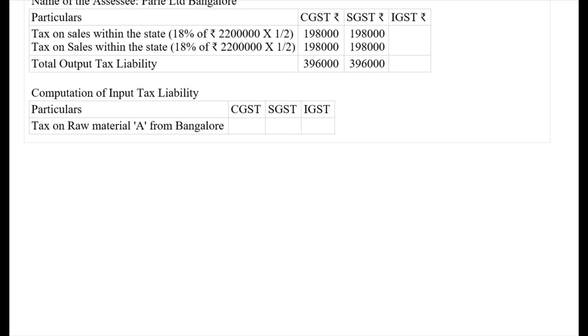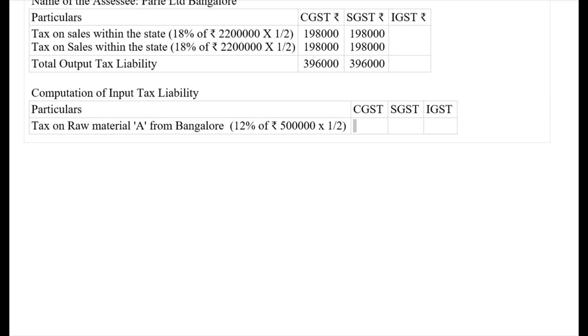So here it is CGST, 12% of rupees. The worth of the purchase made here is rupees 5 lakhs multiplied by 1/2, because the rate of CGST remains same here. So 12% of 5 lakhs comes to 60,000. So 60,000 divided by 2 means here it is 30,000. So 30,000.